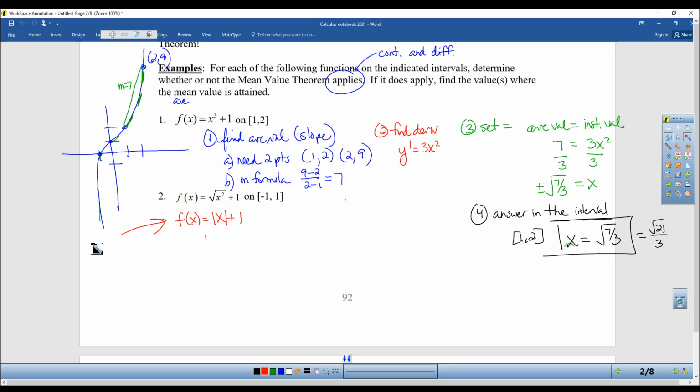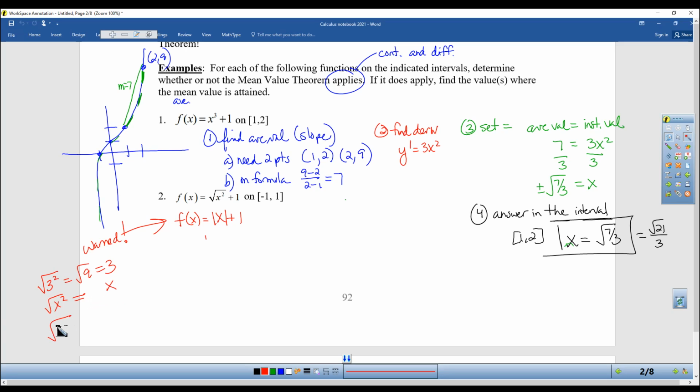So be warned, that's a mistake I made. If you have the square root of 3 squared, you get the square root of 9, which is 3. So in this case, the square root of x squared did come out to be x.